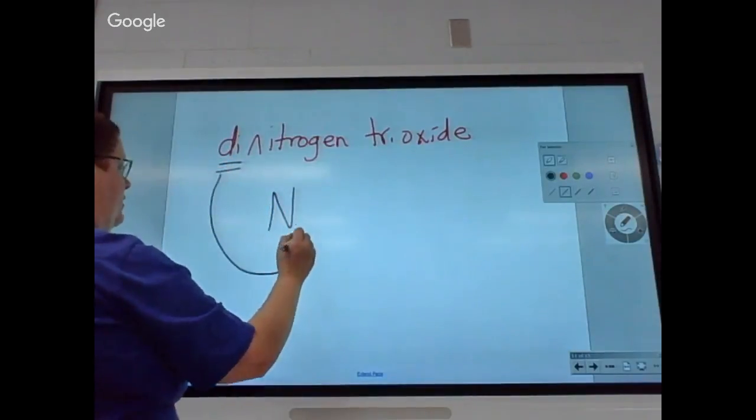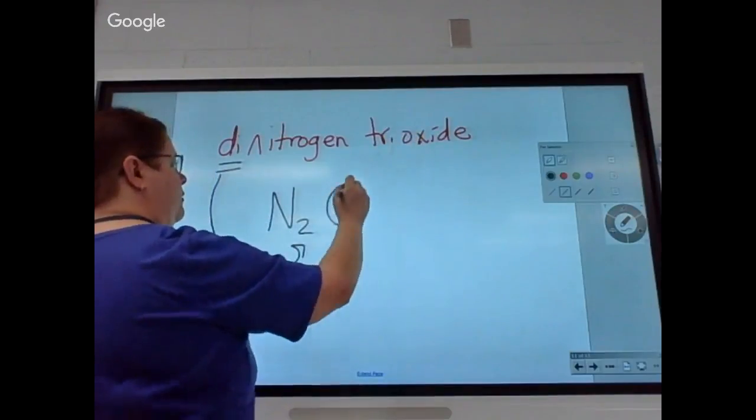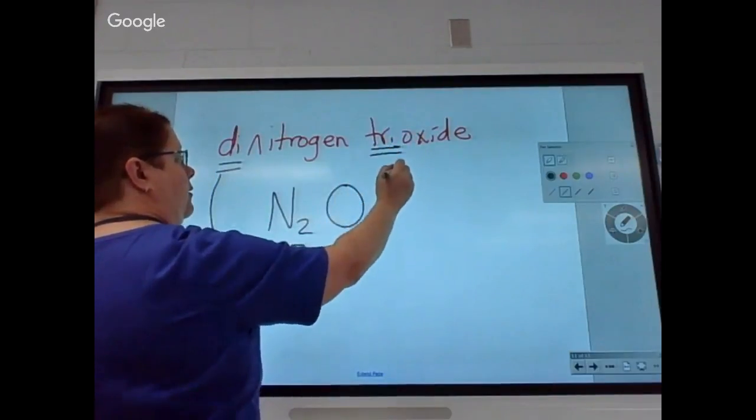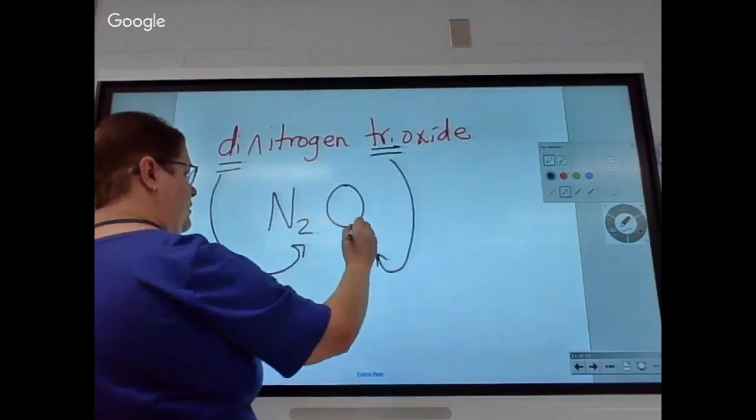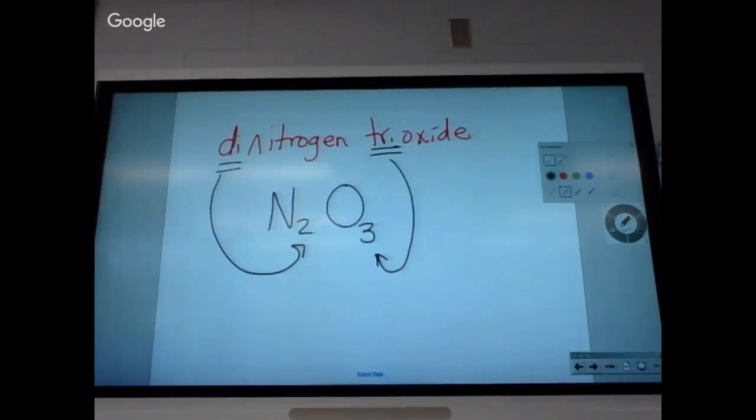So I make this 2. And I have oxide. I have how many? So I make this 3. That's how you do old system writing the formulas. Okay? Does that make sense? Yes? No? Yep. Okay. So now let's write some formulas that are mixed up.